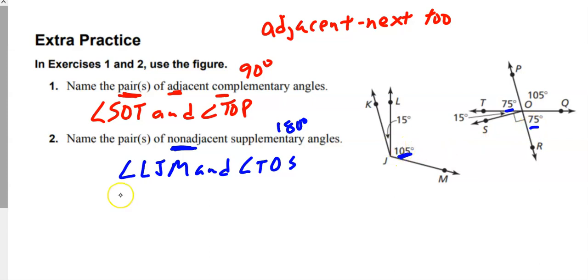This is the exact same 105 angle, so angle LJM and angle QOR. So 75 and 105 add up to 180. So we're good to go on those. And again, they're not next to each other.